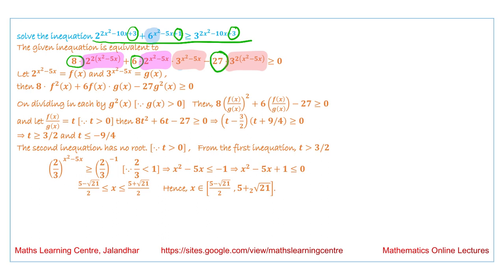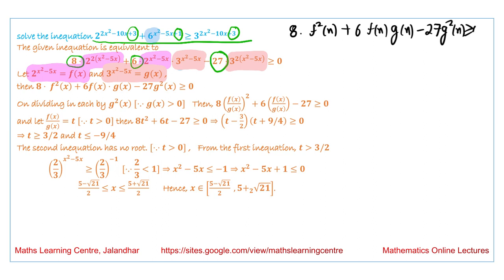If we substitute 2 raised to the power x square minus 5x as f(x) and 3 raised to the power x square minus 5x as g(x), this becomes 8 into f square x plus 6 f(x) into g(x) minus 27 g square x is greater than or equal to 0.